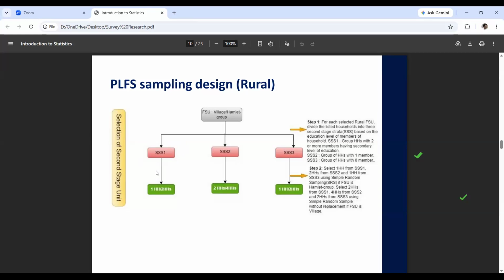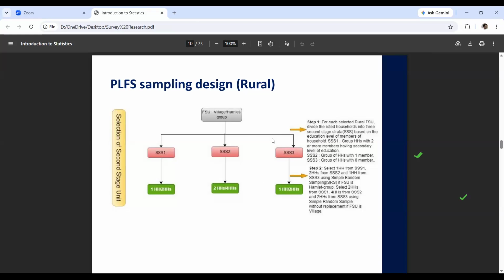Then we have SSS2, a group of households where only one member has obtained 10 or more years of schooling. And finally, we have SSS3, second stage stratum number 3. This is again a group of households from the same village, but it includes only those households where there is not a single member having 10 or more years of schooling.